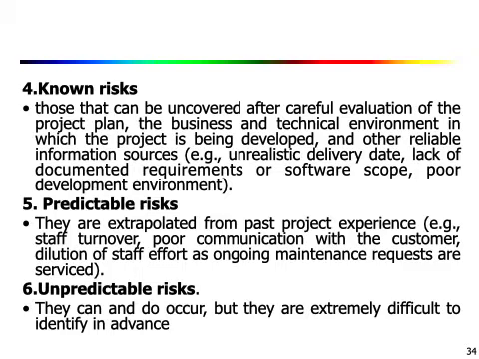They are called predictable risks. And the last category of risk is unpredictable risk. Unpredictable risk means they can and do occur, but they are extremely difficult to identify in advance. They are unpredictable risks.